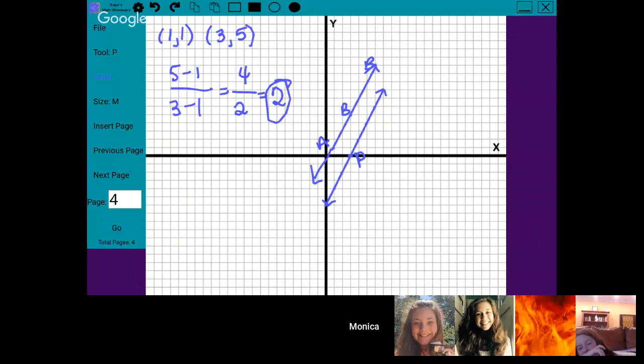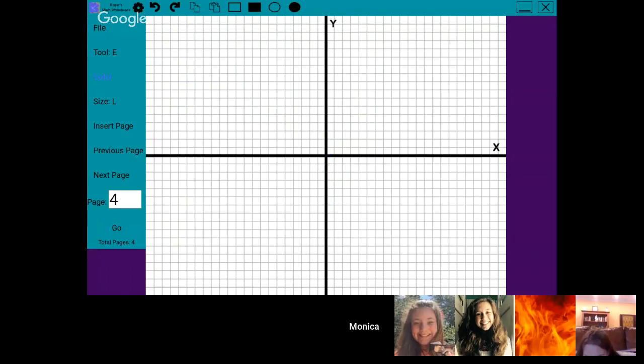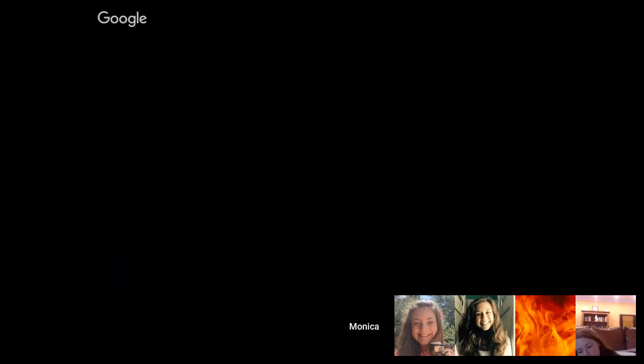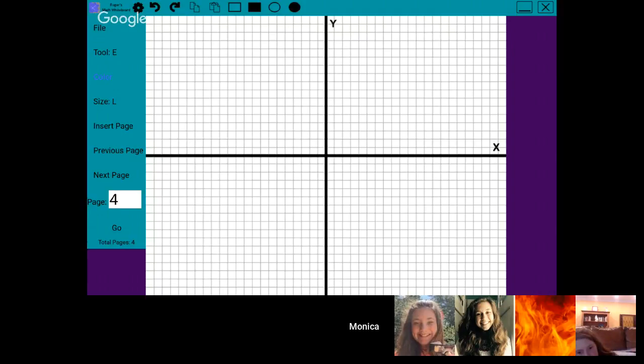So then number 27, the only difference is that you need to graph a line that's perpendicular to AB. So what's the difference between parallel lines and perpendicular lines? Their slopes are opposite reciprocals, that's right.